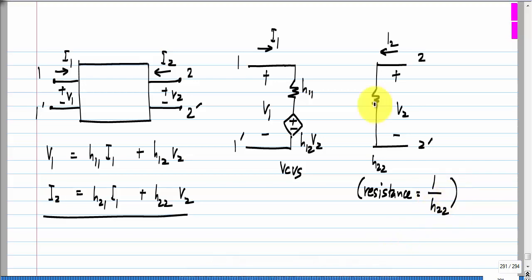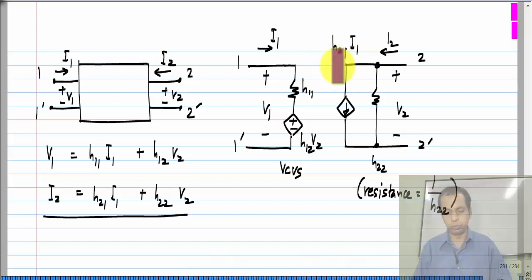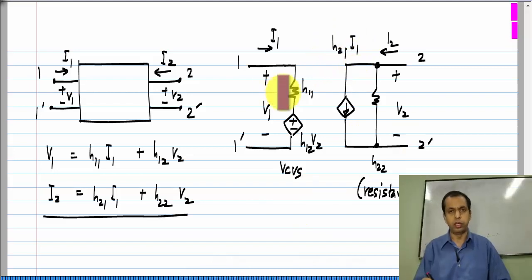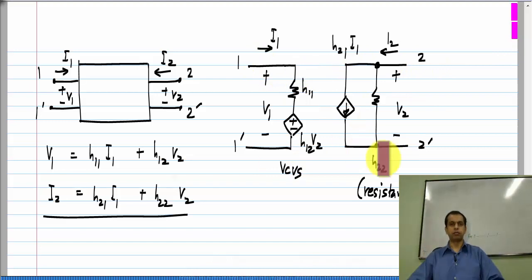And finally, we have a current controlled current source because I 1 is a current, the resultant I 2 is also a current. So, this term is created using a current controlled current source. And the gain of the current controlled current source is H 21. So, this is what we have. On port 1 we have series branches, on port 2 parallel branches.